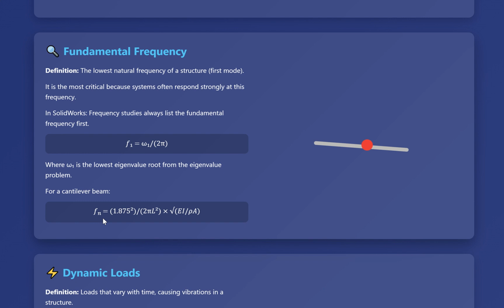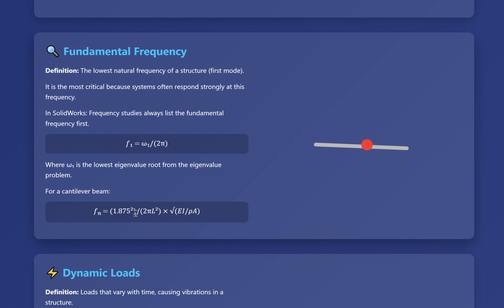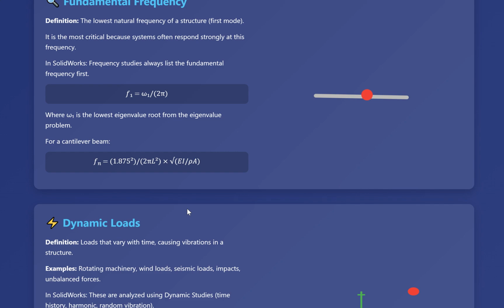You can use the formula for the fundamental frequency, which is equal to 1.875 squared over 2 pi L squared times the square root of EI over density times area. I want to explain these terms now, and I will demonstrate physically using the software so that we are able to understand these terms.